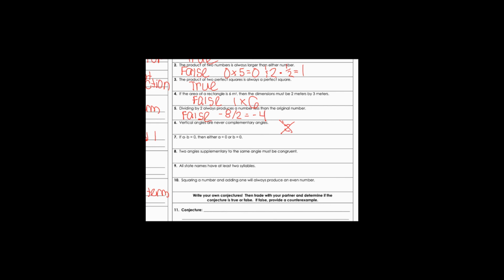So that could be true if each of those were 45. Okay, so I'm going to let you try those last four on your own and then check your answers on the answer key that's provided on Classroom.